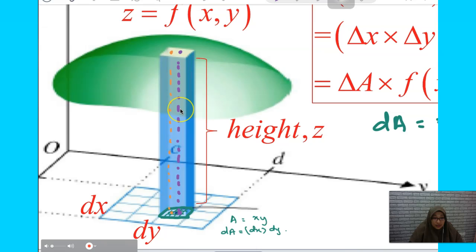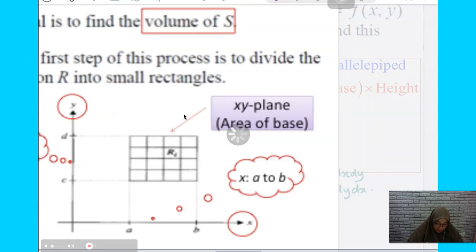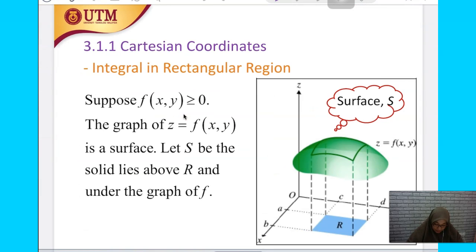How can we get this blue solid? If we go back to our surface here, we are talking about the double integral of the function over dA, where the region lies on the xy plane.